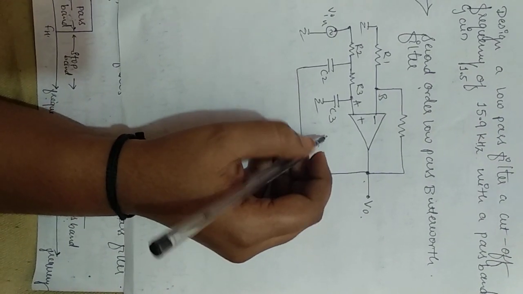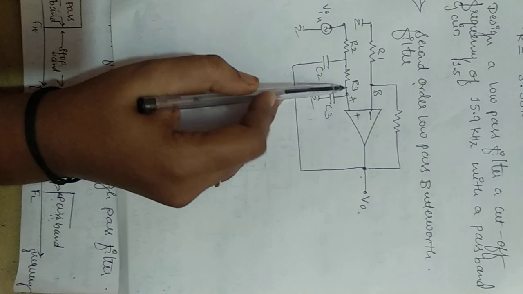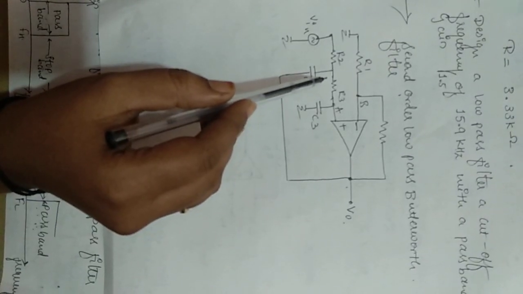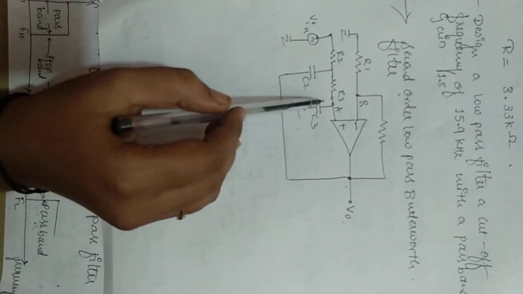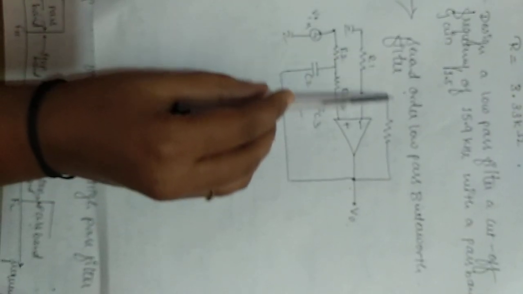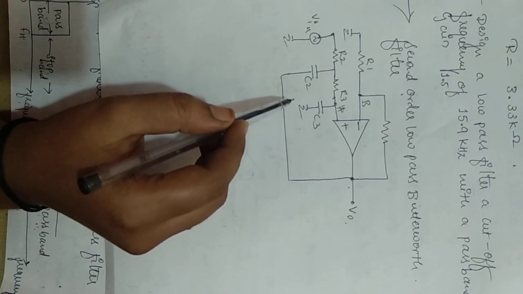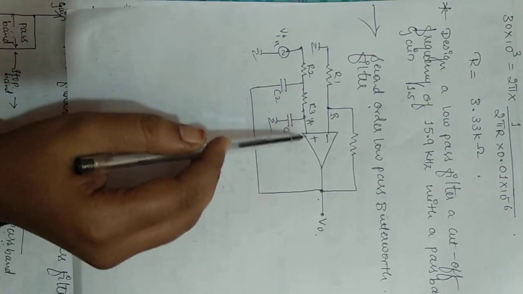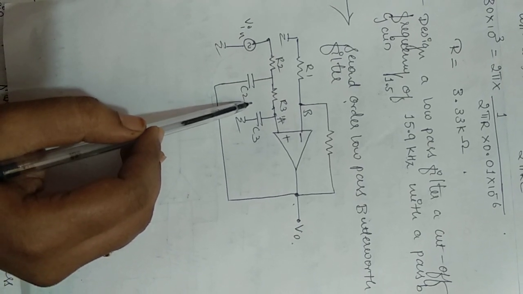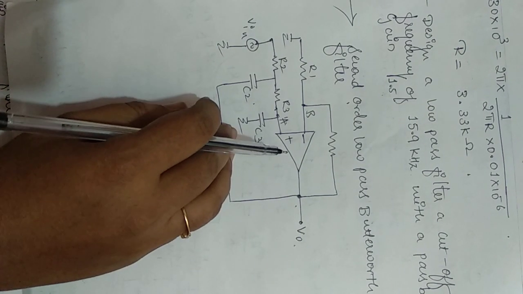Under the second order low pass filter, a first order filter can be converted into a second order filter by using an RC network. This part is your RC network and this part is your feedback resistance. This second order low pass Butterworth filter is also called a double pole low pass Butterworth filter. Why do we call it a double pole filter?